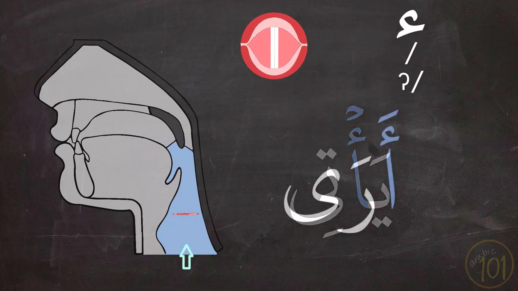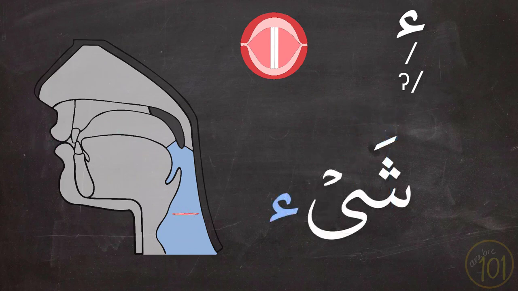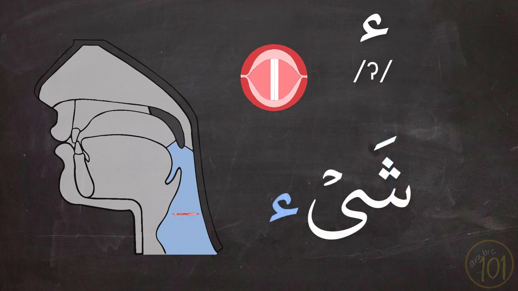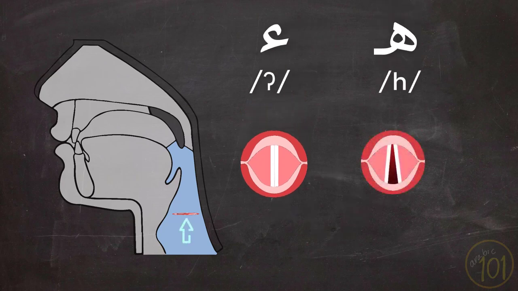Ya'ti, ara, shay. So for the ha, you let air pass through the slightly open vocal cords, and for the hamza, you completely close down the vocal cords, which causes the air to stop, and this is exactly the sound of hamza.